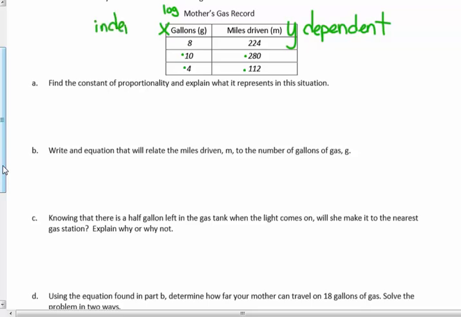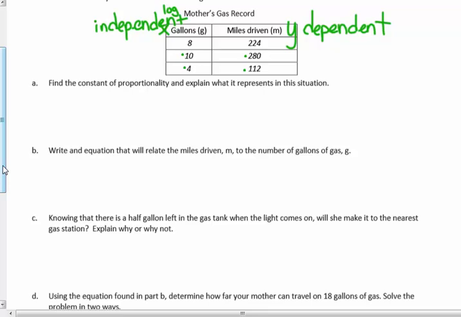What you put on the x-axis of a graph is called the independent variable. So the miles change, and the gallons change in this chart. So miles depend on how much gas is in your car, so they are the dependent variable. That's how I figure it out. Miles depends on gas.